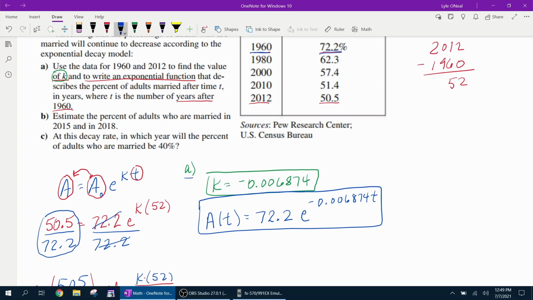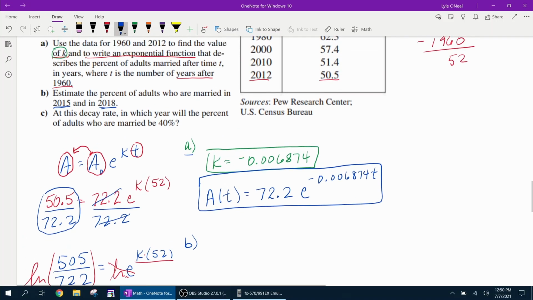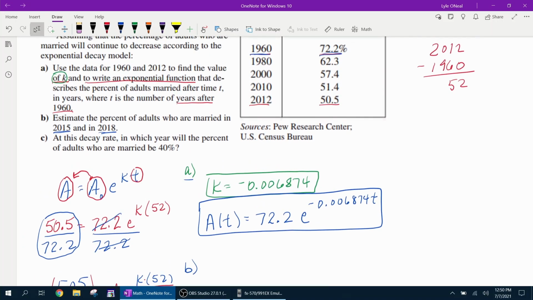Now for part B, they want us to estimate the percent of adults who are married in 2015 and 2018. So what that means is we're going to need to figure out how long it will take to get to 2015 and 2018 from the initial date of 1960.